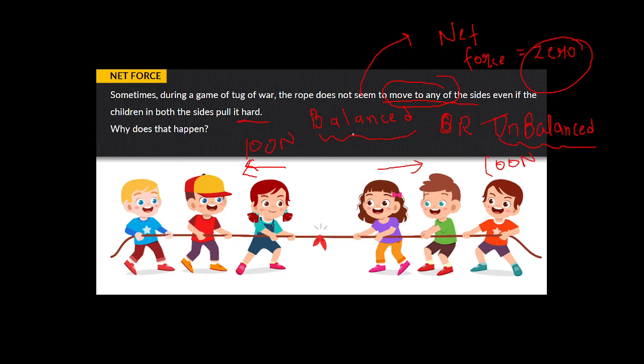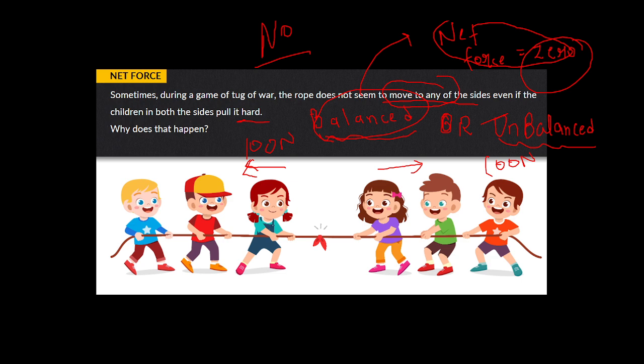So in case of balanced force, does motion take place? No, they are not able to move it because the forces are balanced. Balanced means the same on both sides. And the net force is 0 in case of balanced force.